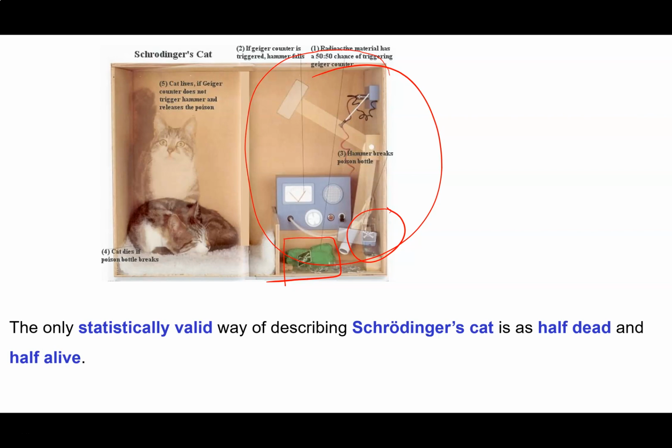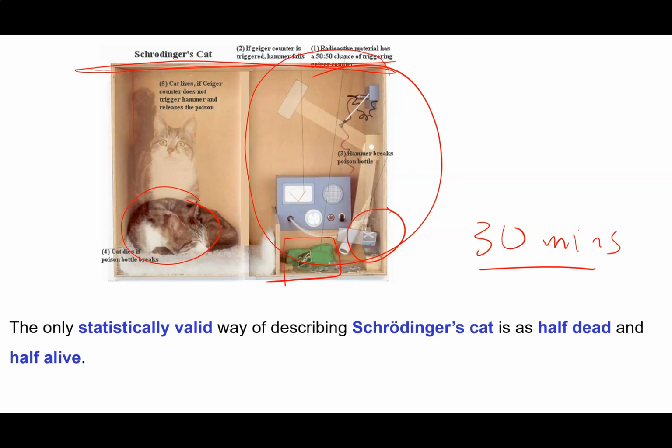So it really is a random thing, but on average it goes off once an hour. So if you put your cat in this setup and you nail the lid on the box so you can't see what's going on, and you leave everything for 30 minutes, which is half the average time that it takes for the hammer to fall, then how would you describe the cat?